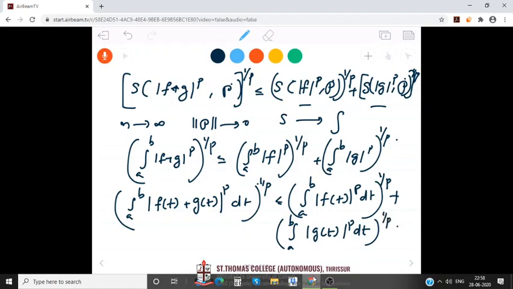This is Minkowski inequality in function space.